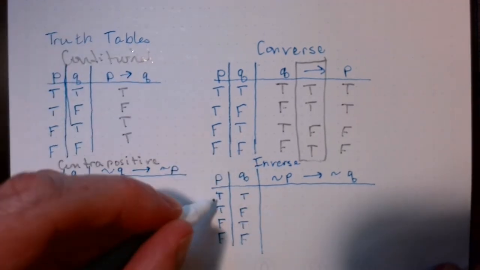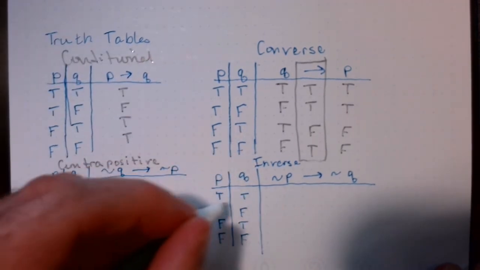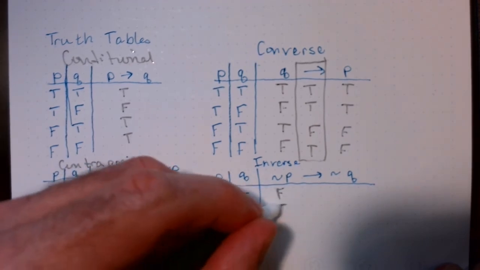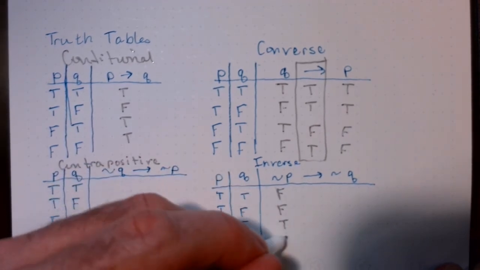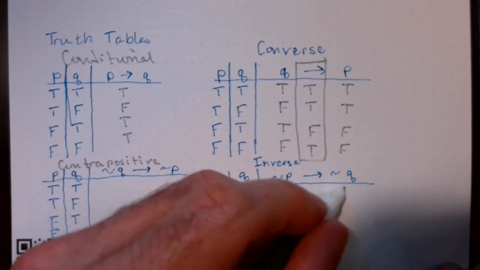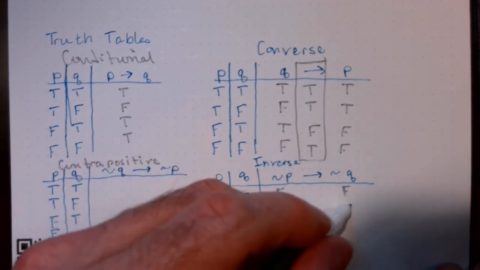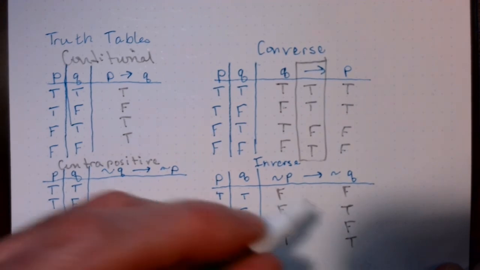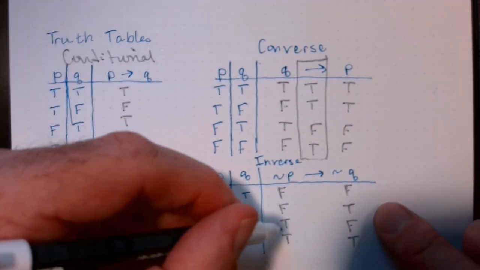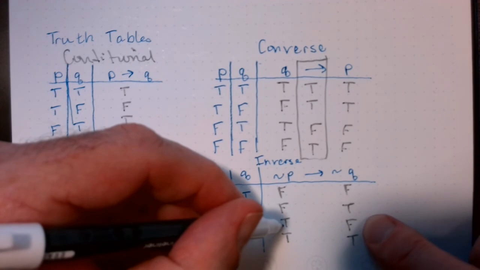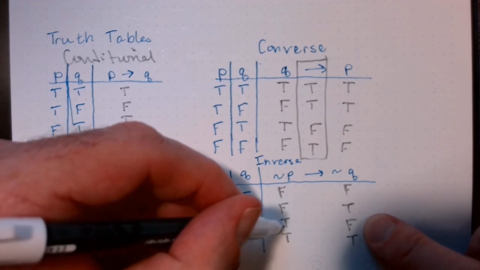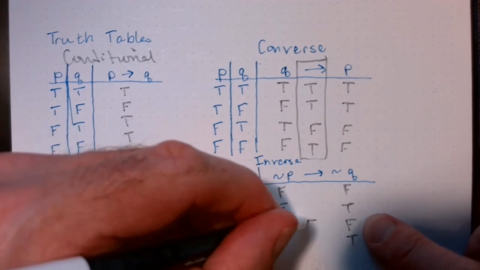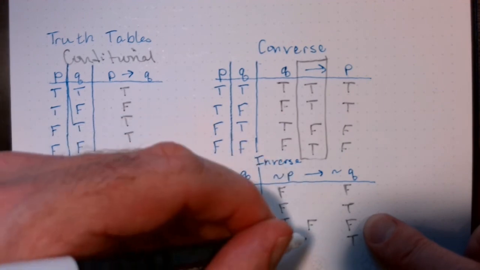Let's look at the inverse. I have to negate P, so whatever truth value P has, I put the opposite. And here I've got the negation of Q. Remember, we're looking for this: whenever the antecedent is true but the consequent is false, this gives you a false.